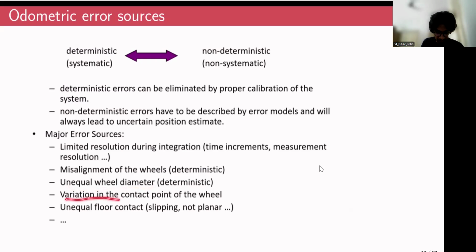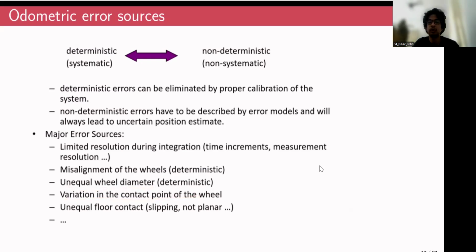Another aspect is variation in contact point of wheels. So that is not really in our control, right? Variation in contact points of a wheel. We can only go up to the extent of designing the wheels, but the contact surfaces of the environment, we have no control over it.